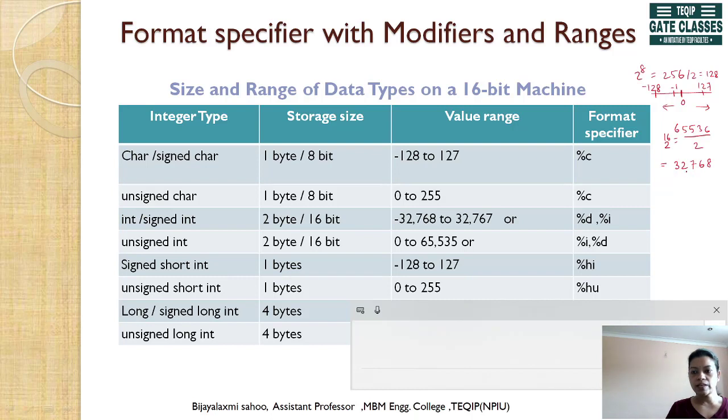That means there are 32,768 numbers on the positive side and 32,768 on the negative side. As we start from 0, positive goes from 0 to 32,767, and negative goes from -1 to -32,768. So the least number is -32768 and the greatest number is 32767.